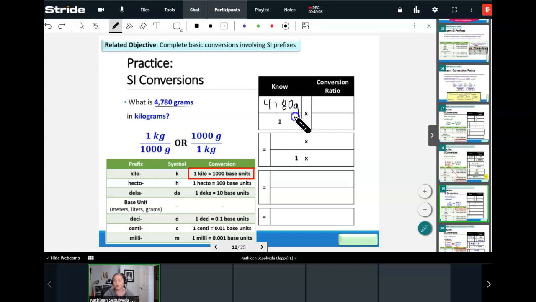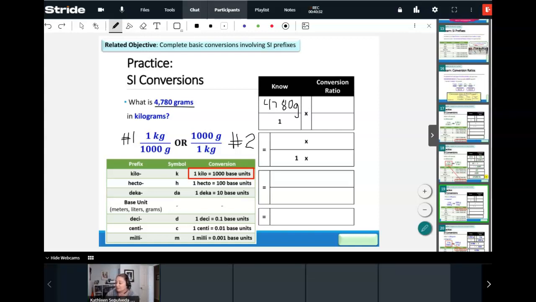Okay, so now that I know that I have grams on top, looking at my conversion ratios, which one am I going to pick? Am I going to pick conversion ratio number 1 or conversion ratio number 2? Which one has grams on the bottom? Johnny has it. Good. Excellent correction, Henna.